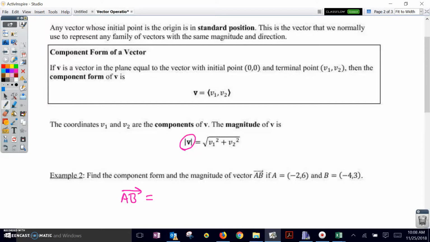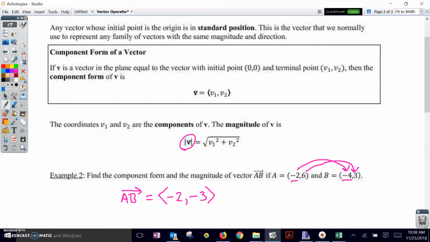Okay. So what happens with our x-coordinate as we move from point A to point B? It's negative 2 units less. And our component form as we move from 6 to 3, it's 3 units less. And so the component form of this vector is negative 2 comma negative 3.